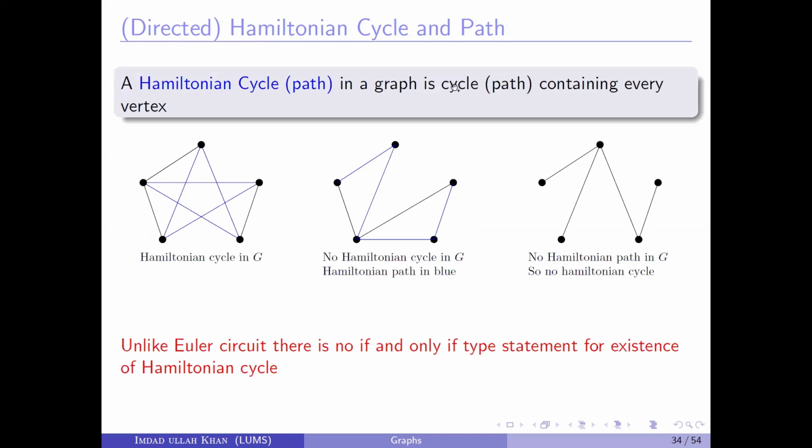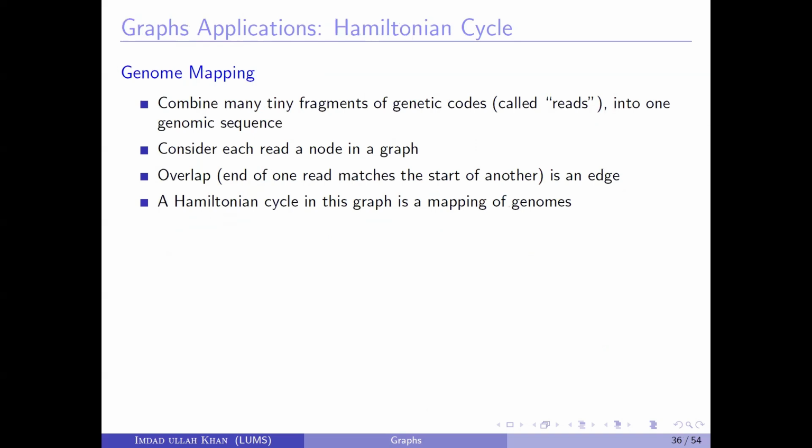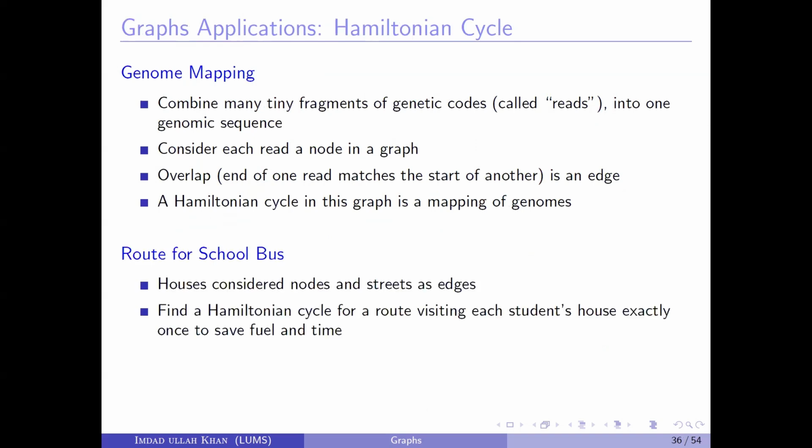A Hamiltonian path in a graph is a path which contains every vertex exactly once. So unlike an Euler path or circuit, where the constraint was on edges, here the constraint is on vertices. Again, a very beautiful application, where people have used these paths to solve problems in a variety of domains.